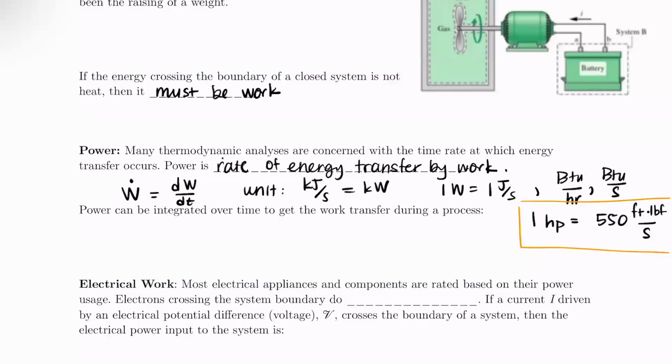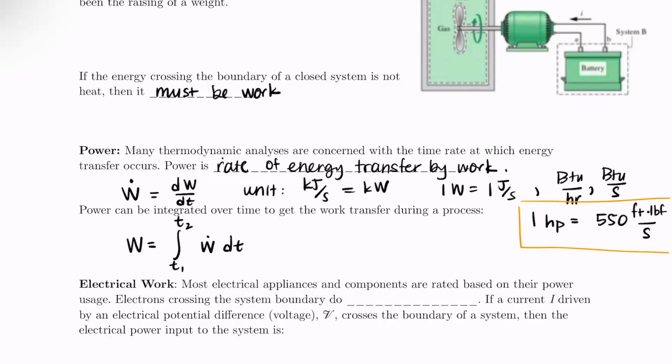We can integrate power over the time that it takes to do a process to get the work transfer. So the work that's done is equal to the integral from t1 to t2 of W dot dt. So this is just like the integral that we set up with Q and Q dot. We're just trading out for work. All right.